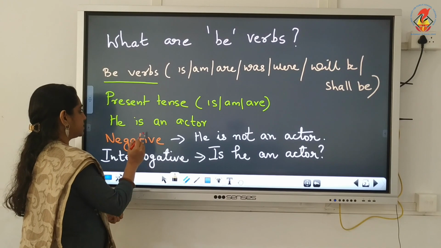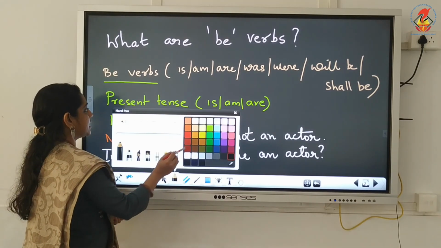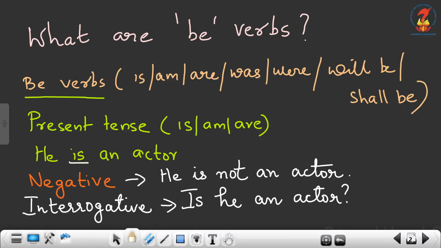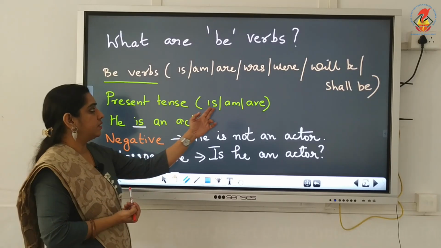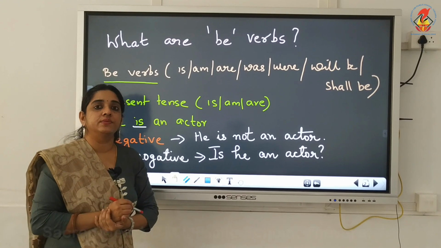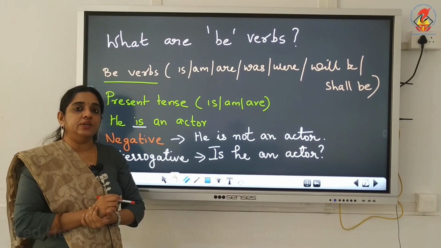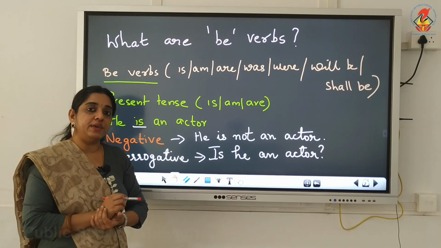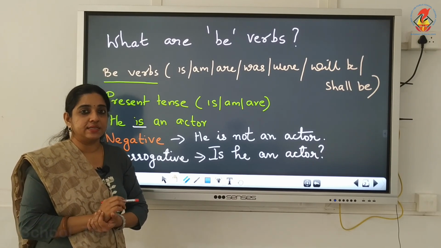What is the verb here? Is. This is a be verb which is used in present tense. Can you say a sentence using are? They are talented, suppose. That's a be verb used in present tense.